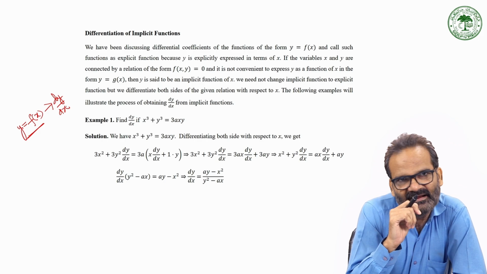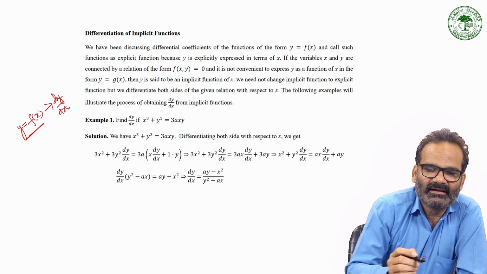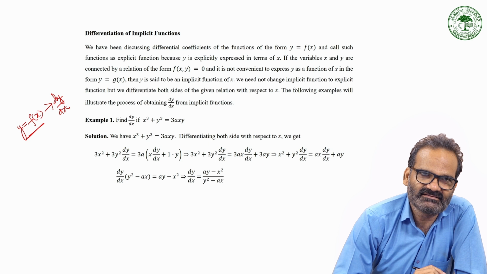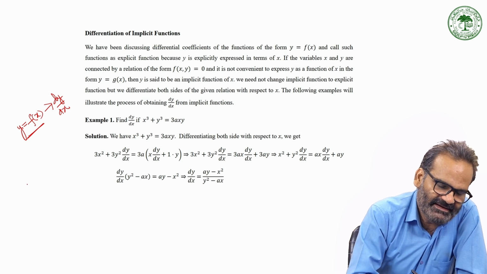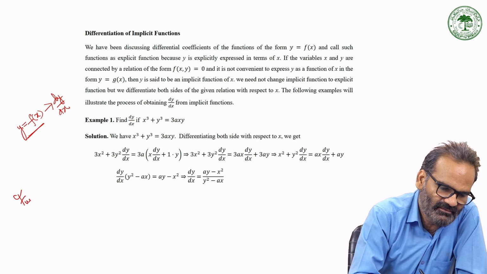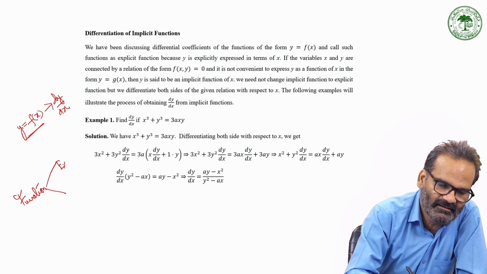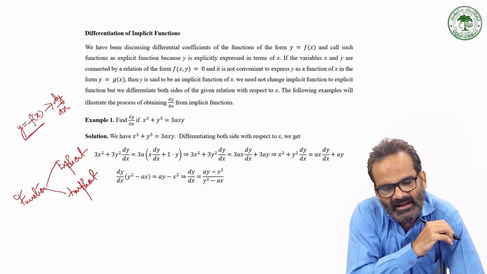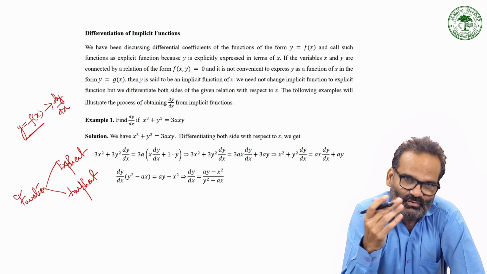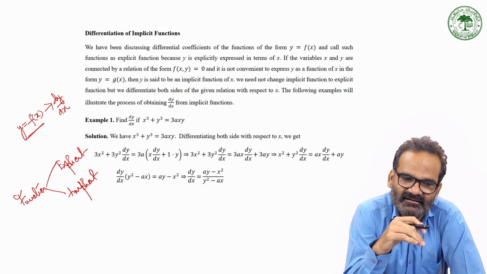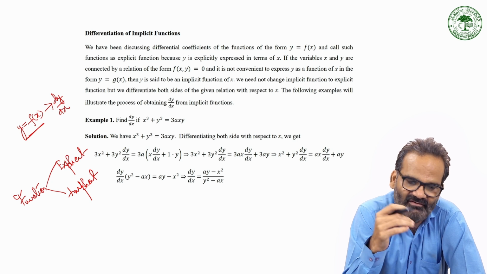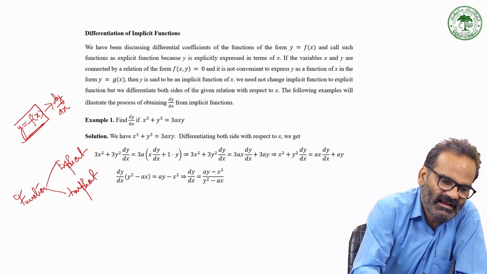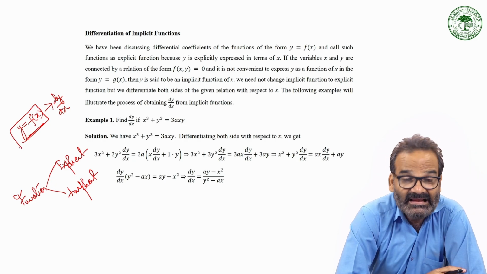Now, before proceeding to our next topic, the differentiation of implicit functions, we know that functions can be classified into two categories: explicit and implicit. In all the methods we discussed earlier, our function was y equals f(x), and this relation is known as explicit.